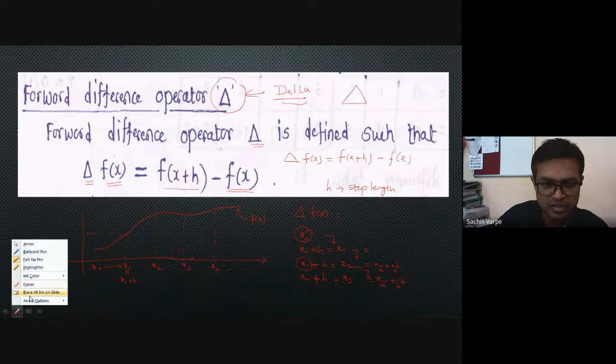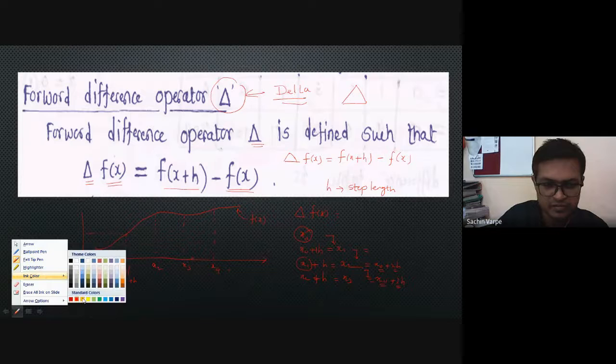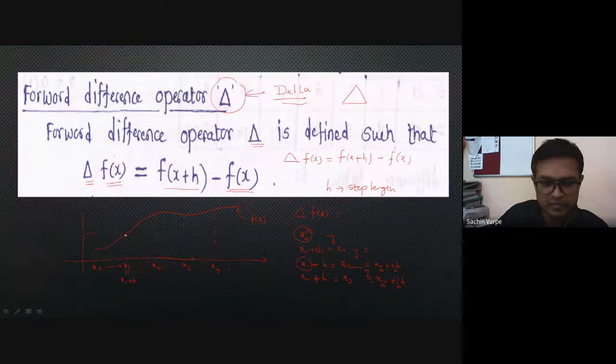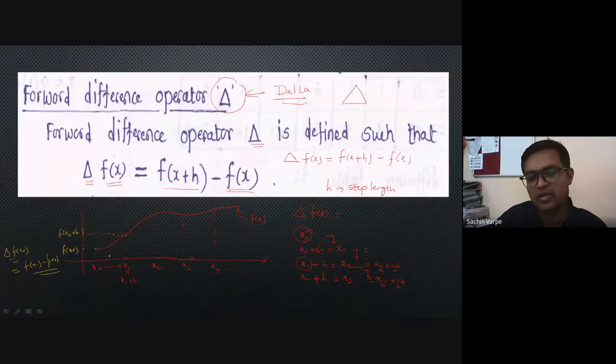Let me change the color. This is the function value f of x naught plus h. This is f of x naught. So if I want to find delta of f of x naught, that will be f of x1 minus f of x naught, and that gives a forward difference.